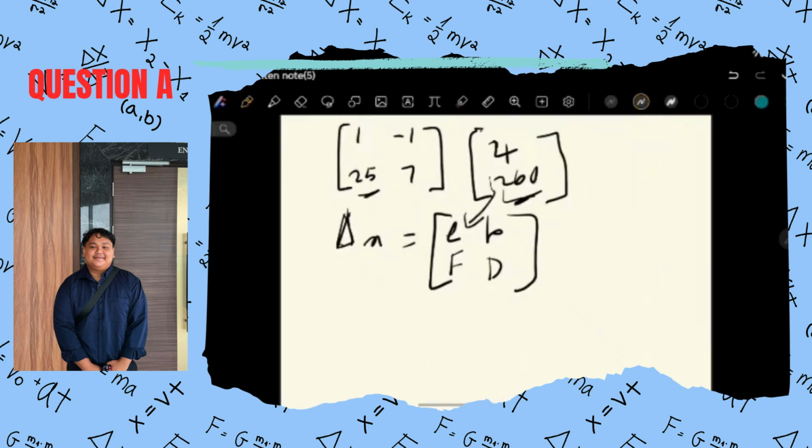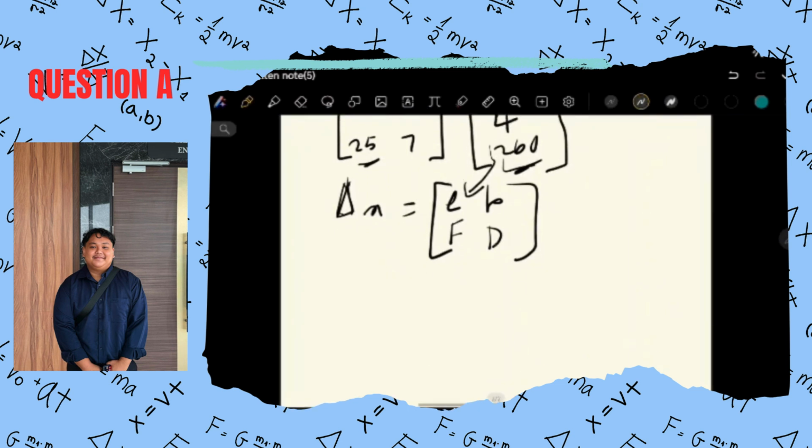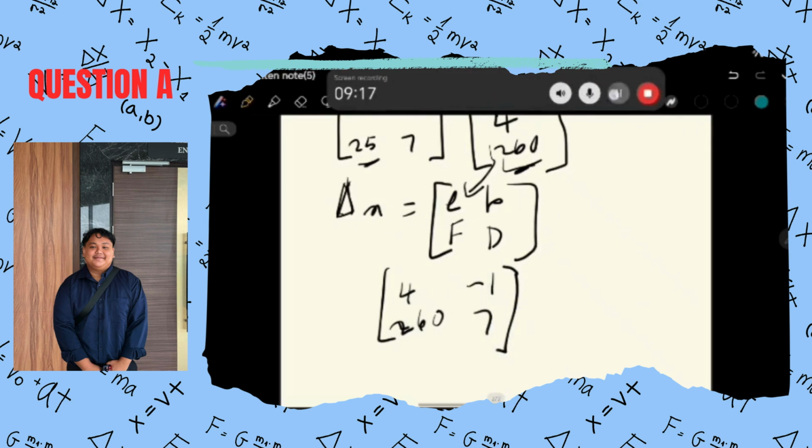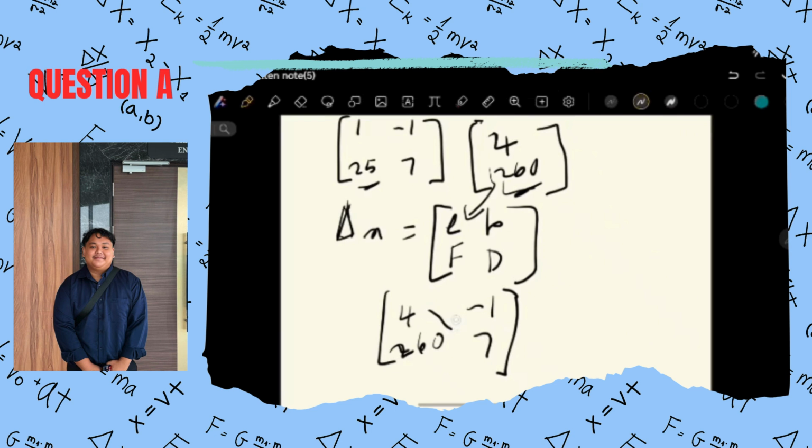We write again 4, 260 and negative 1, 7. It is the same formula. We must multiply it like this: 4 multiplied by 7 minus negative 1 multiplied by 260. The answer is 288. Then we move to find the next determinant.